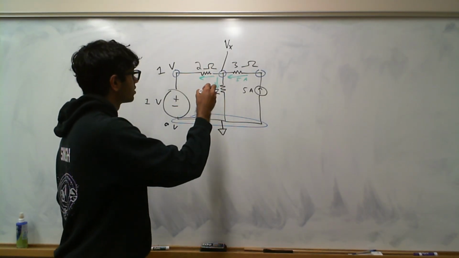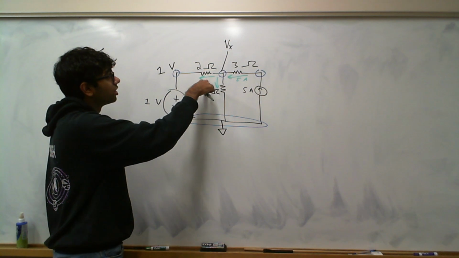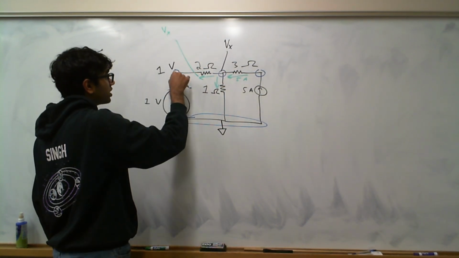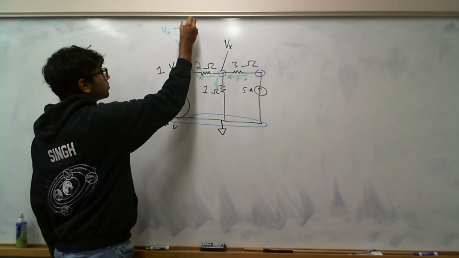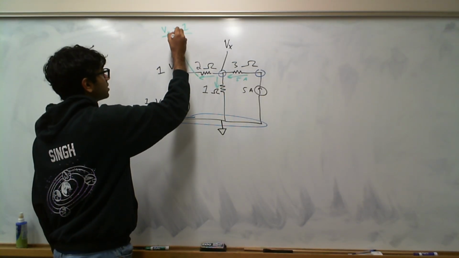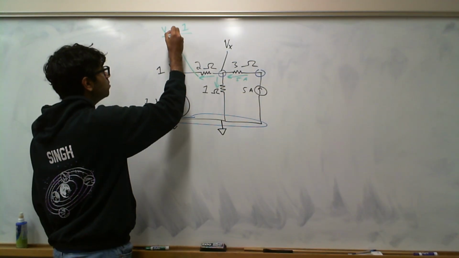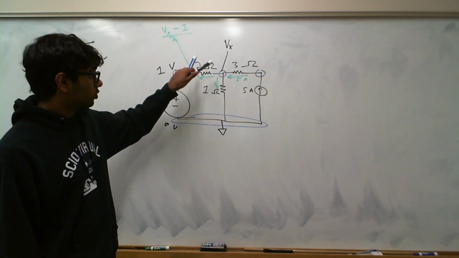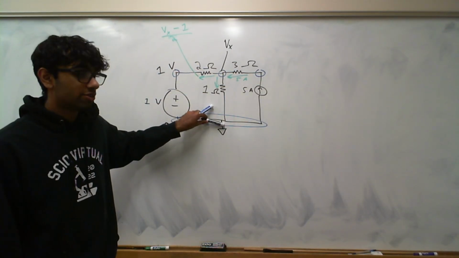For this current, this one through the 2 ohm resistor, the voltage before is Vx. The voltage after is 1 volt, minus 1, over the resistance. So that's the current through that resistor. The voltage before is Vx, the voltage after is 0.